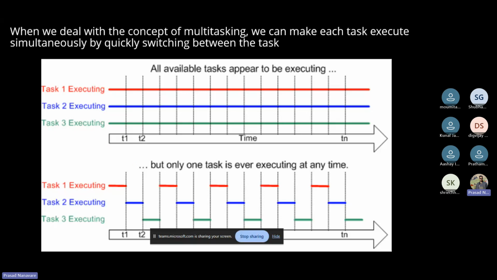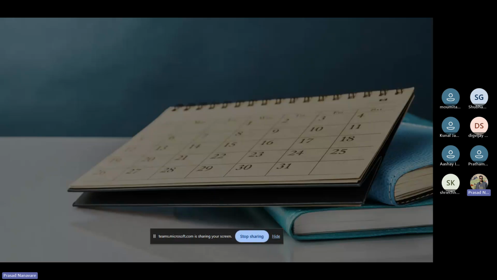We think all available tasks execute at the same time, but that is not the case. It executes one task at a time for a particular period and then the rest for the others. 1 2 3, 1 2 3, like this it goes on, and we think it's happening continuously.